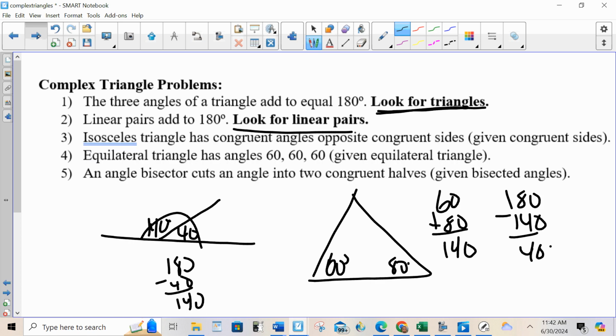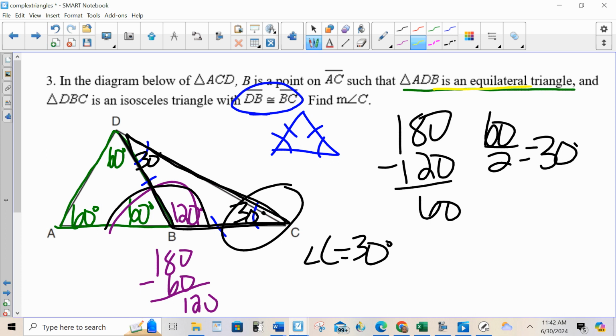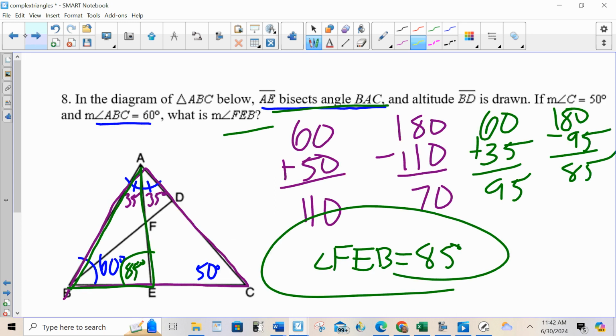And in addition to that, we can incorporate isosceles when I have two congruent sides. I also mark the two congruent angles opposite them. If I see an equilateral triangle, I can fill in 60, 60, and 60. And if I have an angle that it says is being bisected, it's being cut into two congruent halves.